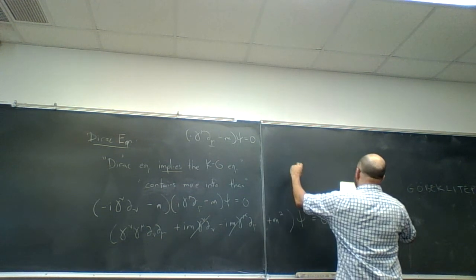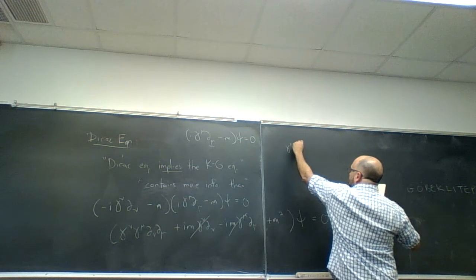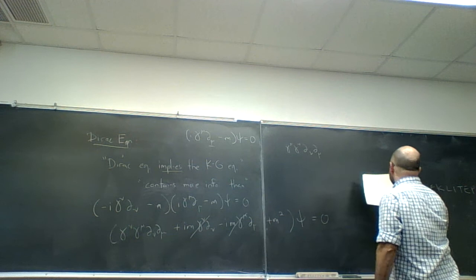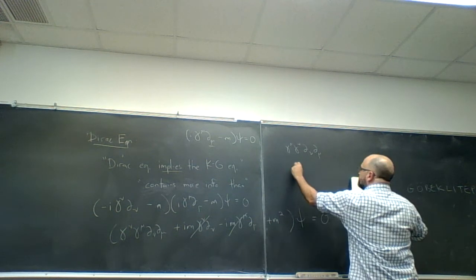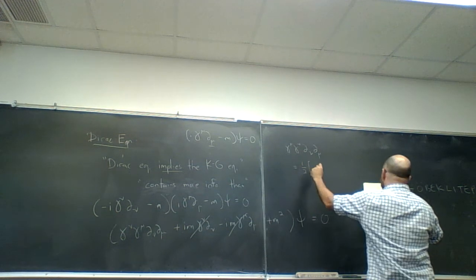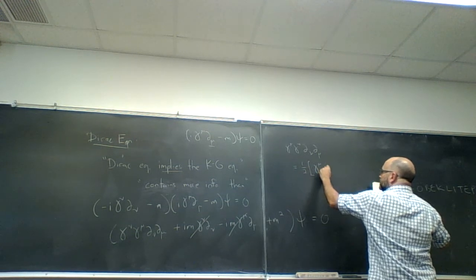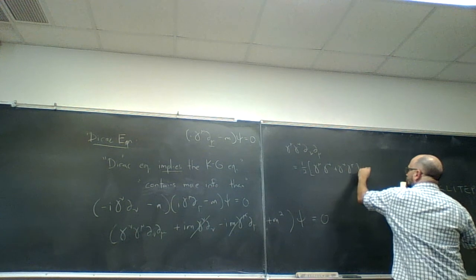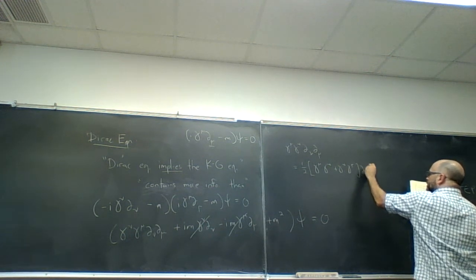In other words, I can write gamma mu, gamma nu, del mu del nu as 1/2 gamma mu, gamma nu, plus gamma nu, gamma mu, del mu del nu.